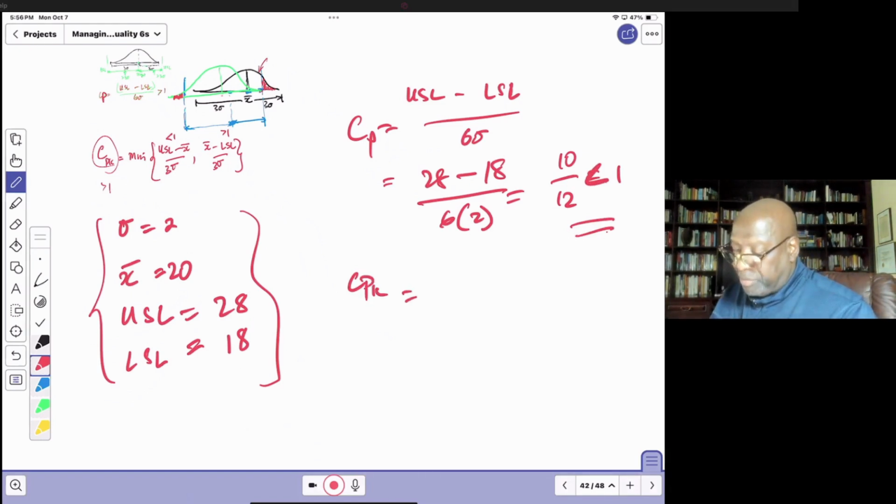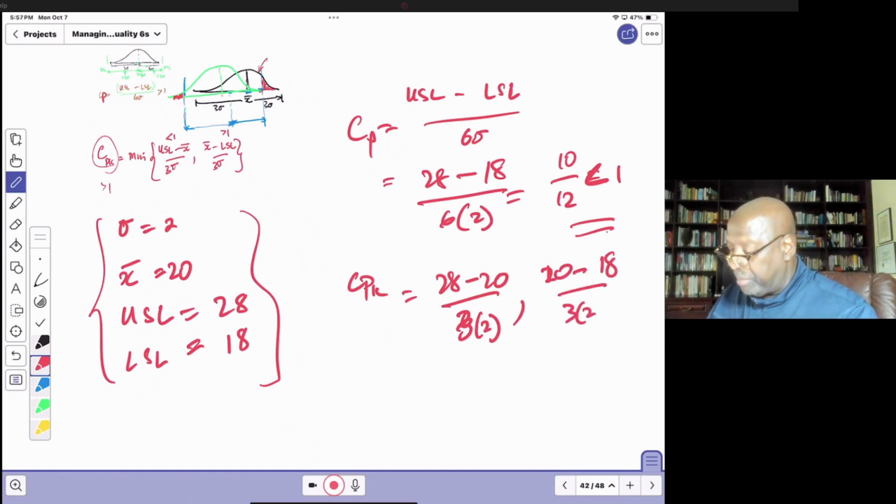We said it's the upper specification limit, 28, minus the mean, which is 20, over 3 sigma, which is 6 in this case, so 8 over 6. Then the mean, which is 20, minus the lower limit, which is 18, over 3 multiplied by 2, so 2 over 6. And we have to take the minimum of those two.